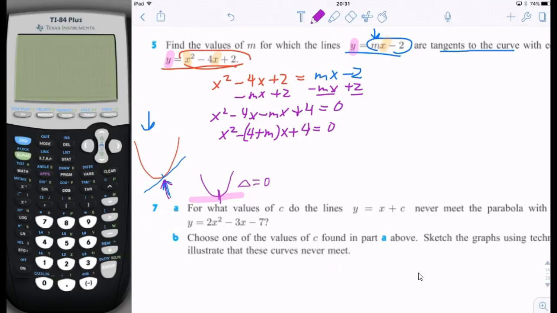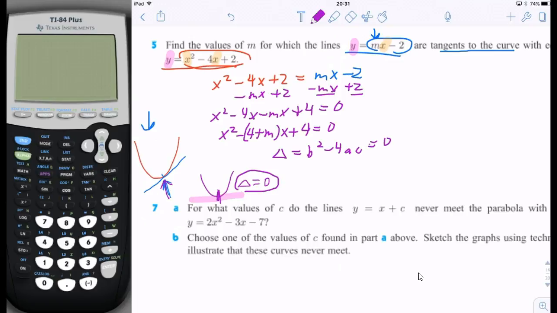Now I have a purple quadratic, and I know from my description before that for the red and the blue to be tangent to each other, the purple quadratic has to have a discriminant of 0, because there needs to be just one intersection point. So how do I make the discriminant equal to 0? The discriminant is equal to 0 when b squared minus 4ac is equal to 0.